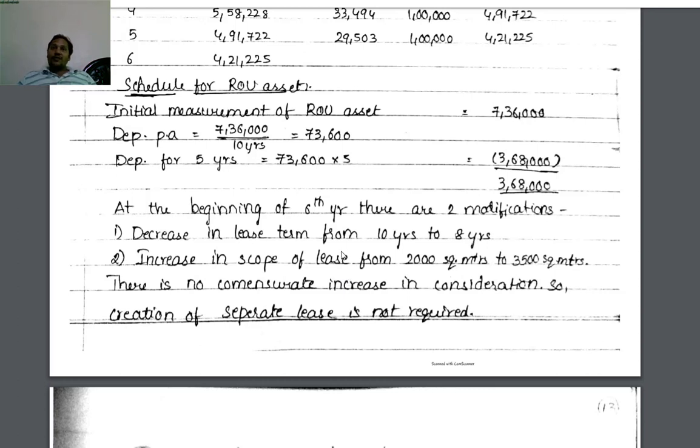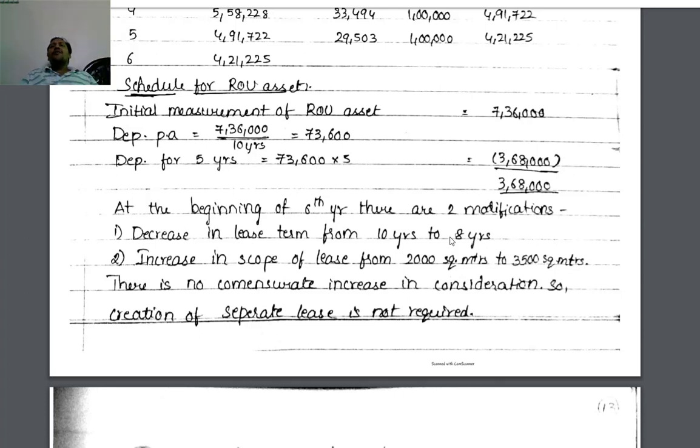Now, the first modification we will go for. Because lease term is reduced from 10 to 8 years, out of this 5 years are already completed. Remaining 5 years is there. Now as per this modification, only 3 years remaining. Now we will go for only this particular modification.